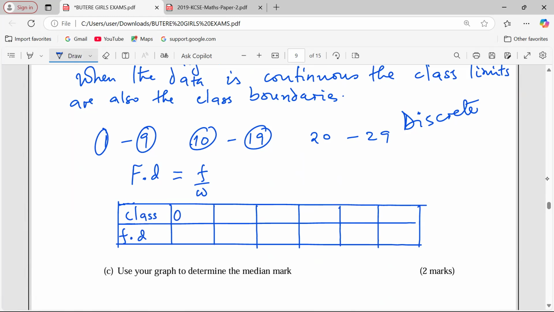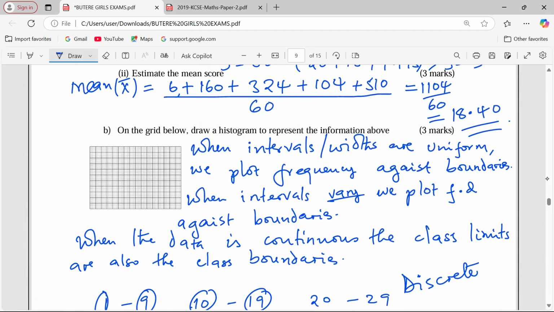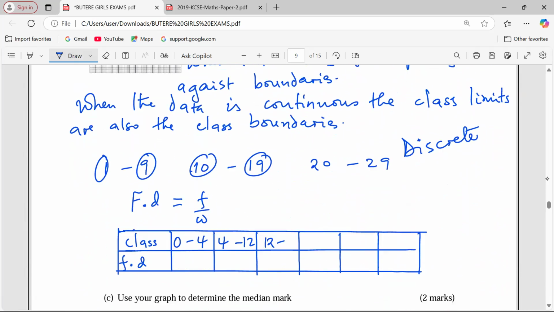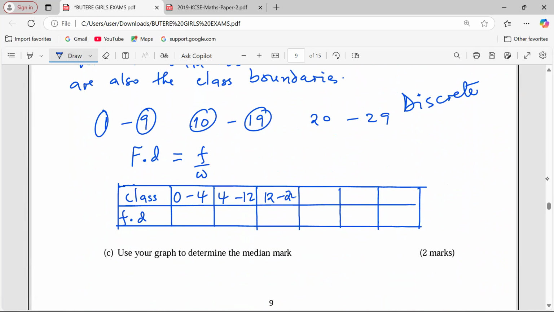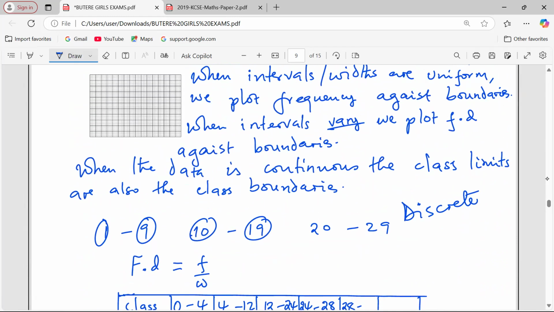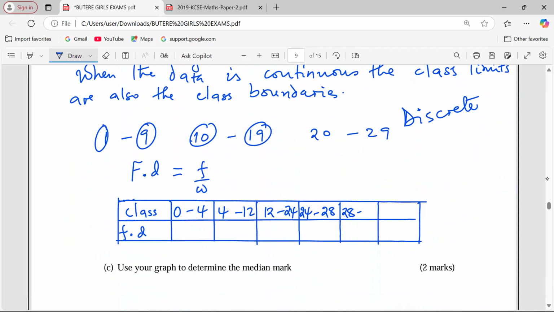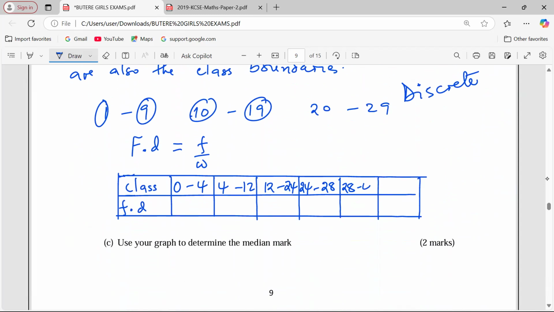So we have from 0 to 4, then from 4 to 12, then from 12 to 24, then 24 to 28, then from 28 all the way to 40.